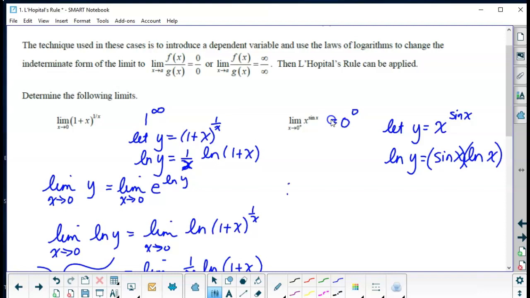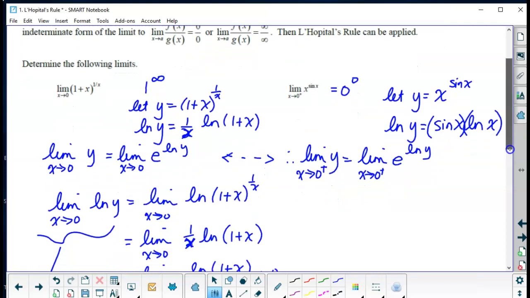Therefore, here, we're really trying to find the limit of y as x approaches 0 from the right. So that's going to be the same as the limit of e to the ln y. That's the same in each one, right? That's the same there and there, just from log laws.